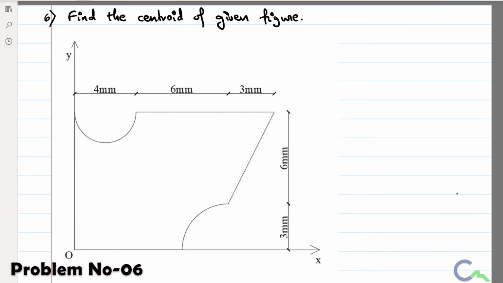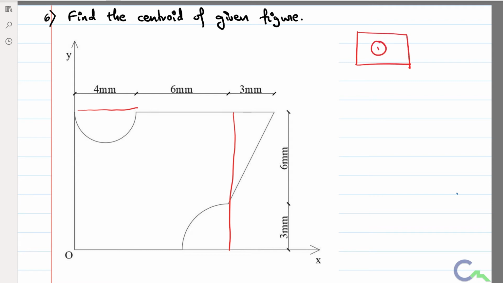Here we have our sixth problem. Find the centroid of given figure. First we have to divide this figure into number of components or segments. I can divide this into 4 segments. First I will take one rectangle. I can take this as first component.